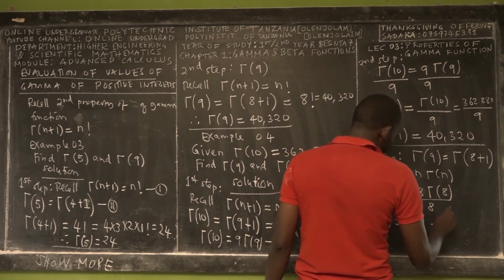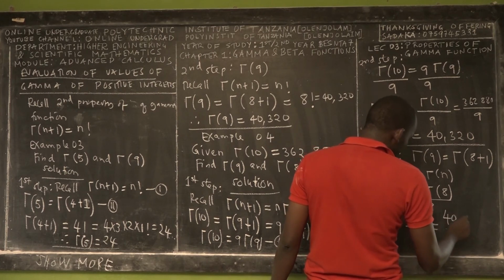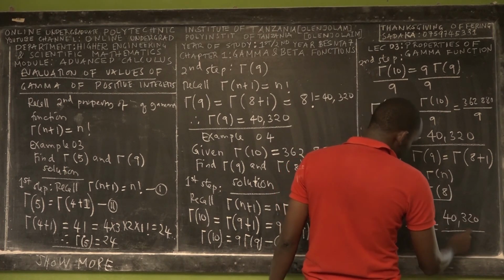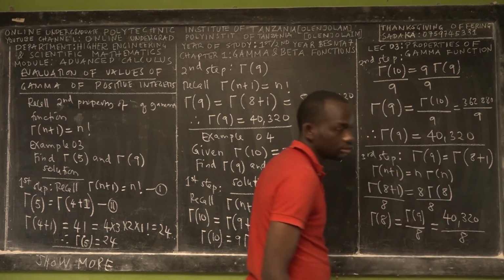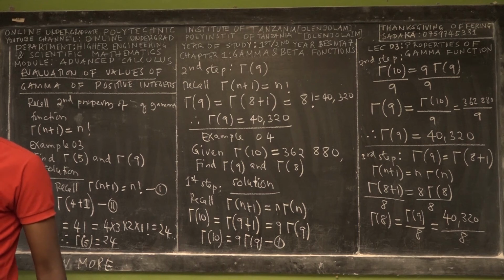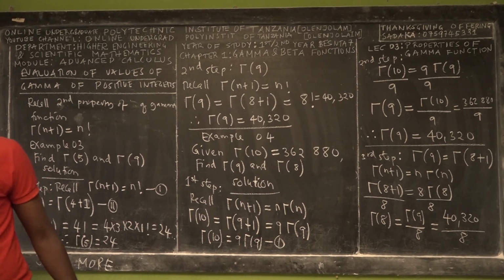So then what is gamma of 9? It is 40,320 over 8. So you have to divide by 8. The answer is 5040.